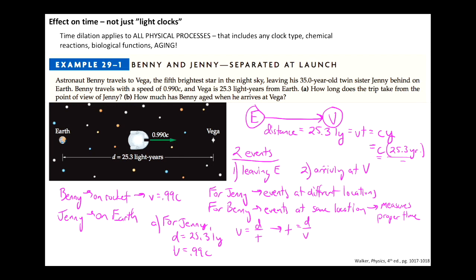Don't you love this? This is like first lecture last semester kind of work. Distance over velocity, so let's see. Distance is 25.3 light years, and the velocity is 0.99 c.